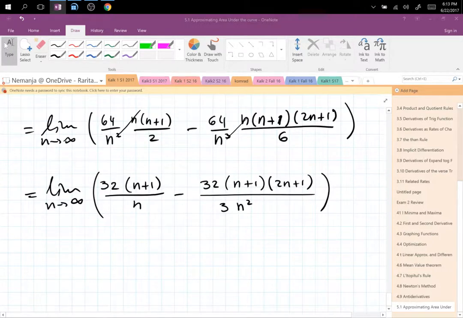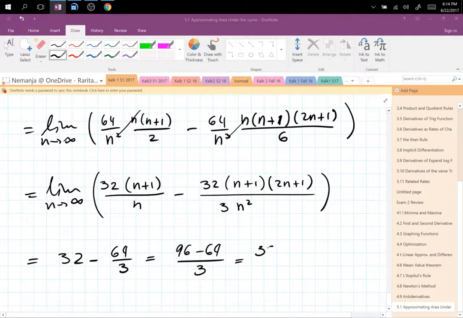Now if you take a look at all these n's, they just all cancel, and we don't need limit anymore, we're done with that. We have 32 minus 64 over 3. Those are the front coefficients, because n squared on top and n squared on the bottom. And times 3 will be 96 minus 64 over 3, 32 over 3 as the area under the curve.